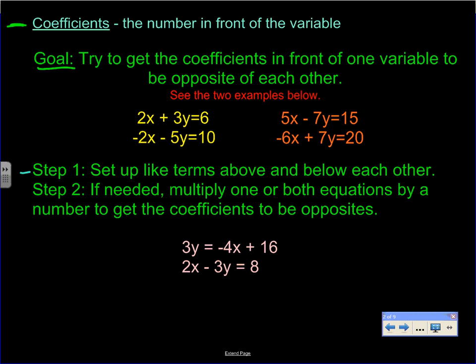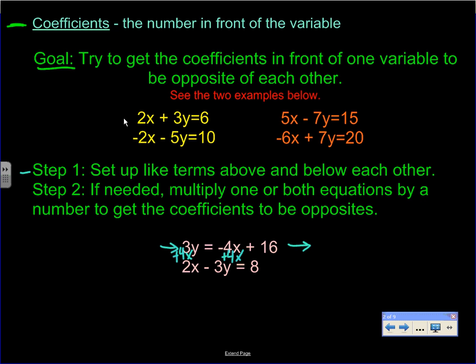And if we look here, we have terms above and below each other, but one of them's a y and one of them's an x. And we don't want that to happen. We want to be able to set them up directly above each other. I'm going to look at the top equation. I see -4x on the right side, so I'm going to go ahead and add 4x to both sides of the equation.